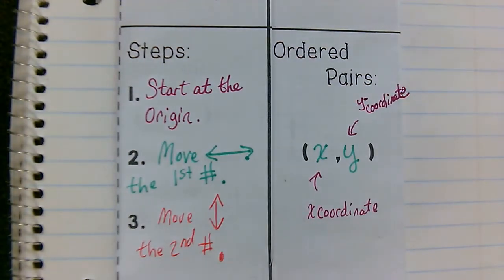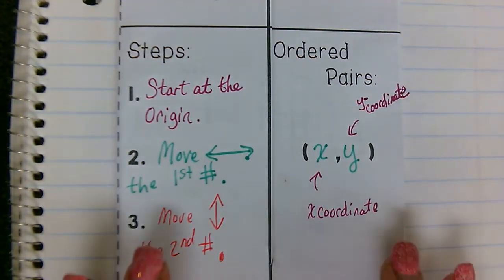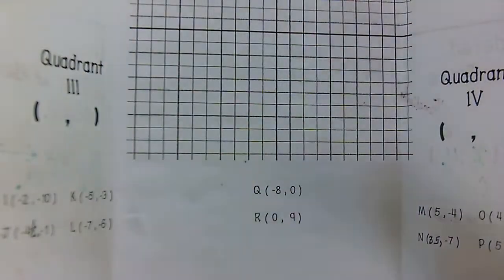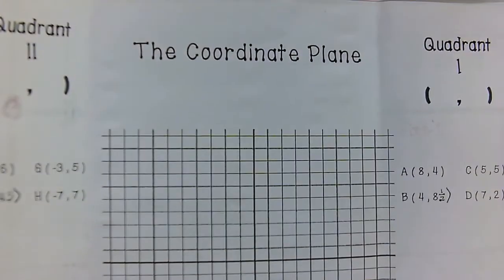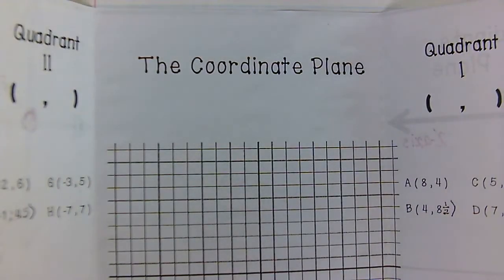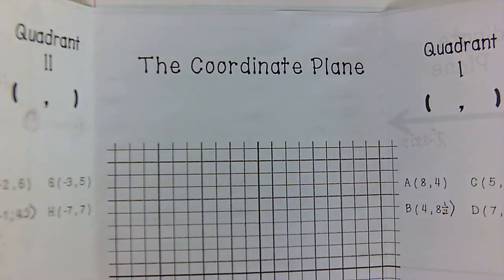Now let's open this up and start filling out some information inside. So we're going to slide this down. And let's talk about quadrants. First of all, when we are looking at a coordinate plane and you have an XY set of lines, it divides it into 4 sections.